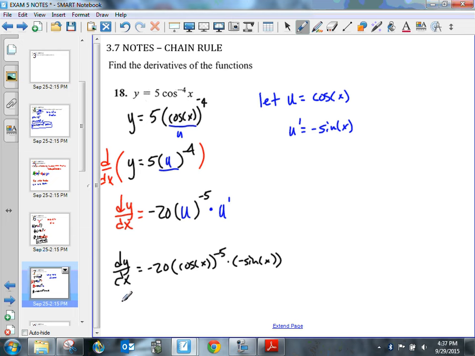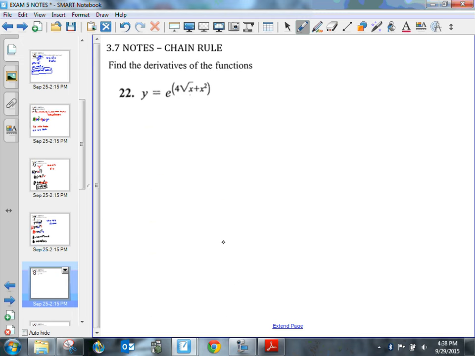If you want to simplify it, write it as dy/dx is equal to positive 20 times cosine of x to the negative fifth, and then times sine of x, that works too. Okay, that's a multiplication symbol. And so if you want to clean up your negative signs and all that, that works. Sometimes the simplification on these is a little bit easier. Sometimes it's a lot harder. So let's go ahead and move on to the next one.